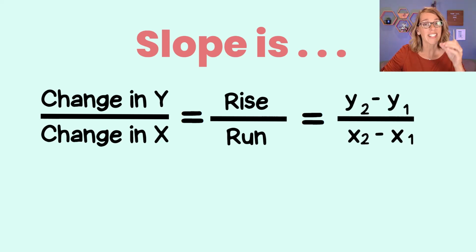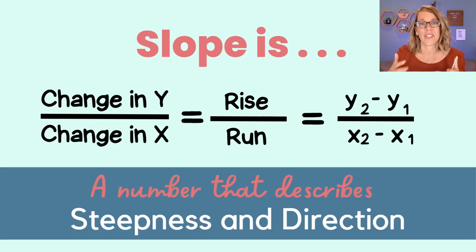I'm just going to subtract the second y coordinate from the first y coordinate. Those are from my 2 points, and then divide that by the difference in the x's. Really what our slope is overall is a number that describes the steepness and direction of that line.